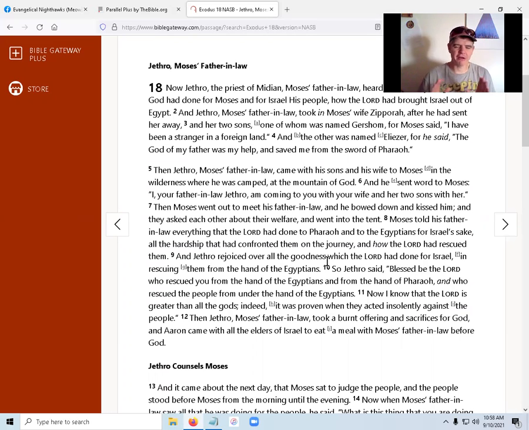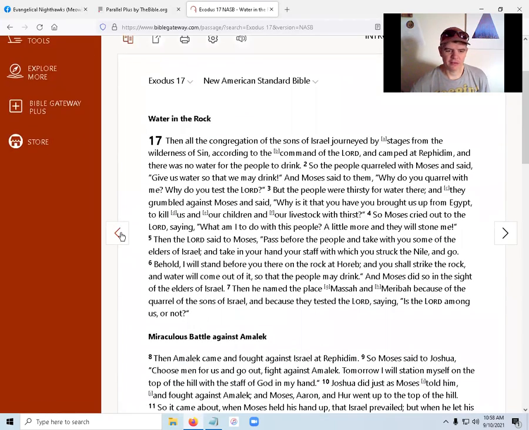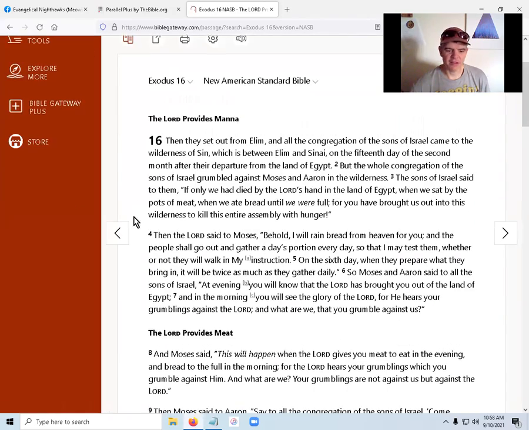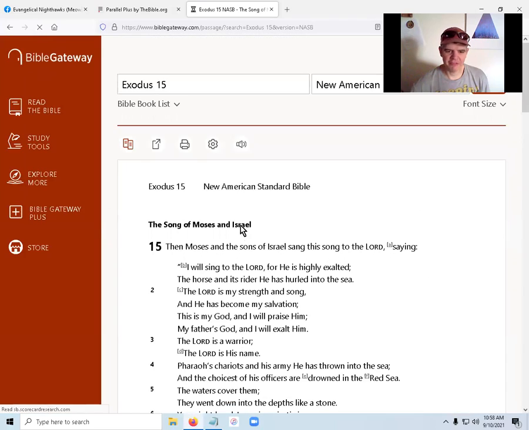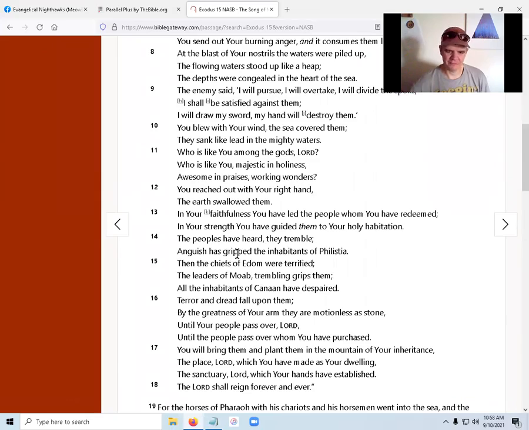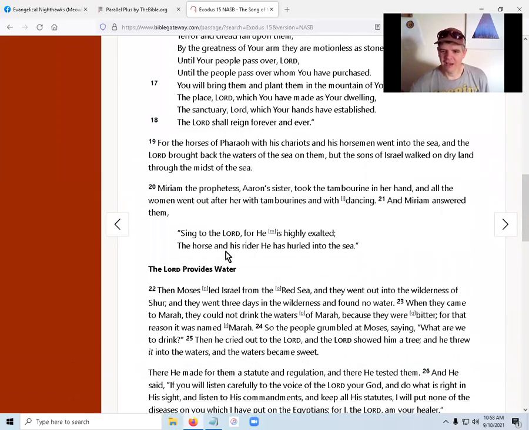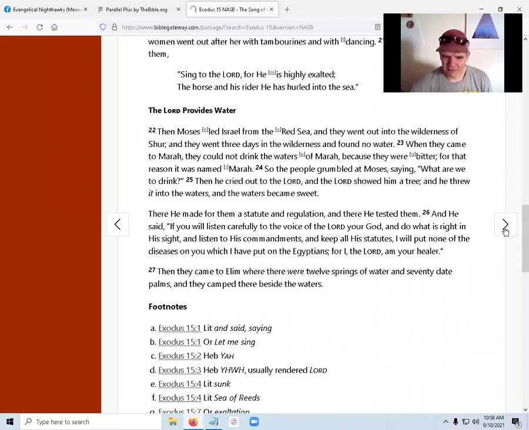So chapter 17 might have some laws, chapter 16, but water in the rock, nope. Let me see, the Lord provides manna, the Lord provides meat, and 15 is the song that they sang because God beat up the Israelites, so they sing a song to God. Man, where's some law?